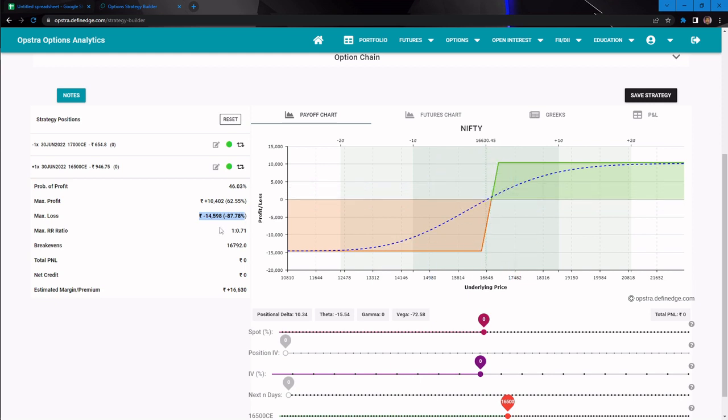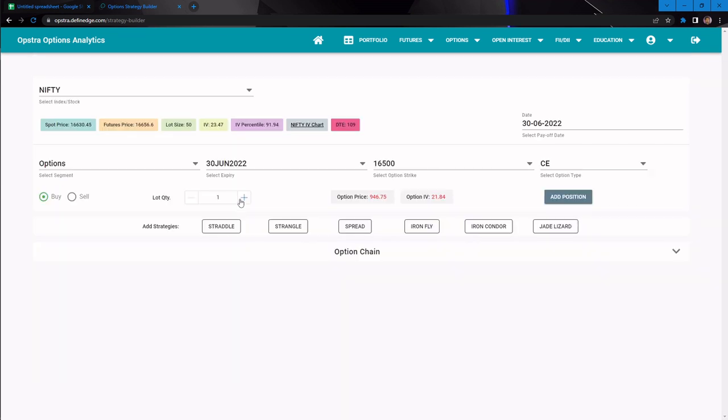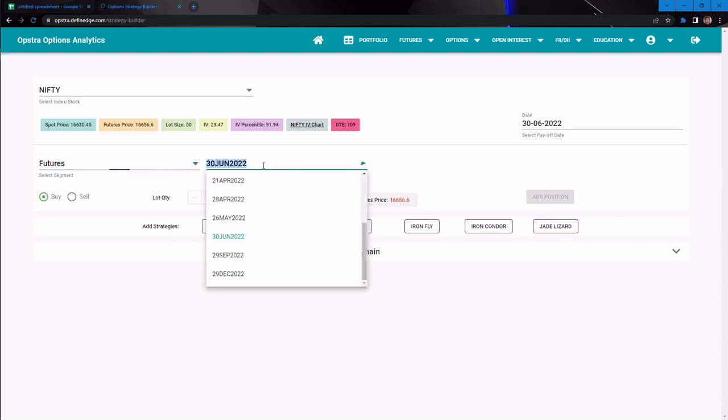And assume if the stock price is not going to hold above 16,800, then what will happen is your stop loss will get hit, or your contract will go to a minus 14,000 loss when it expires in the zone around 16,400. So you need to ensure how to take it. Otherwise, if you feel that no, I don't want to do all these things, better I will hold a future itself, then you have to take this future.